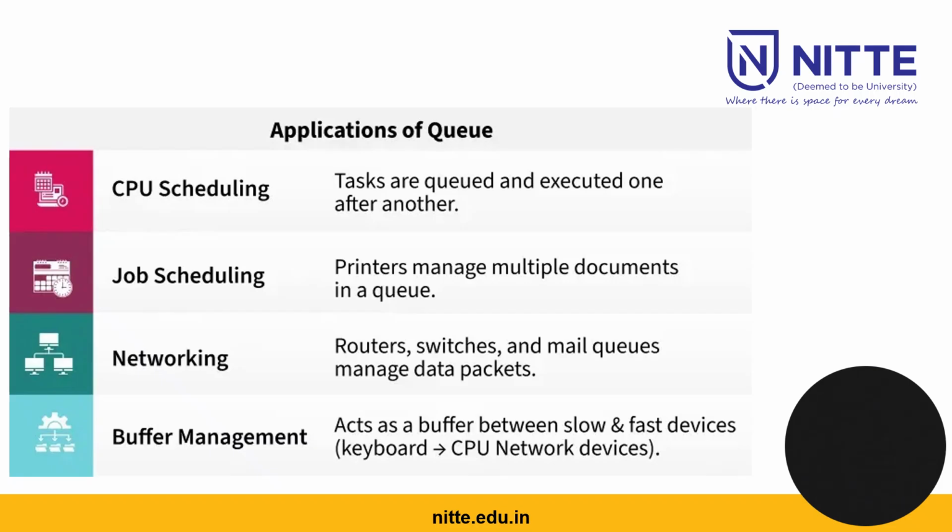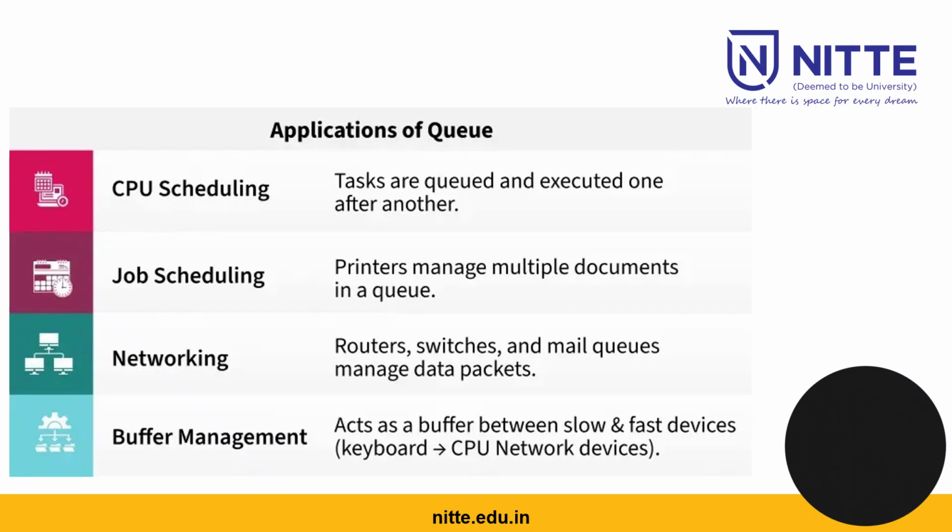The second one is job scheduling. Here printers manage multiple documents in a queue. Different documents in a queue will be managed by the printer. That is called job scheduling.